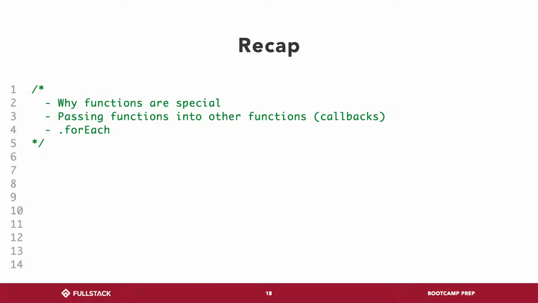When we pass functions into other functions, they're called callbacks. An example of a callback in use is JavaScript's native forEach method on arrays, which is a function that takes a function and then iterates through the array that it's being dotted off of and uses whatever element it's currently on as the parameter for that callback function.